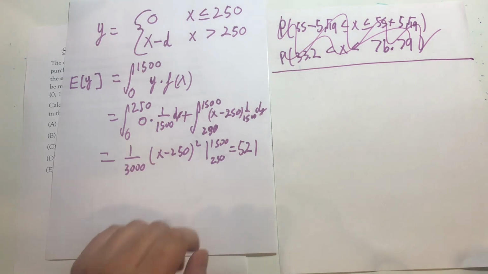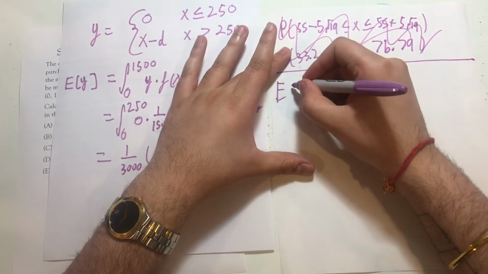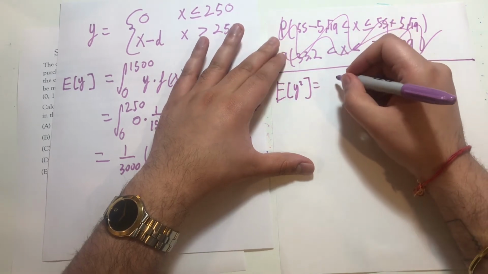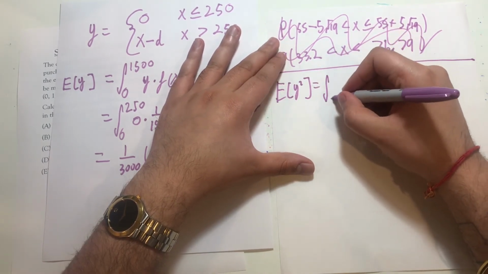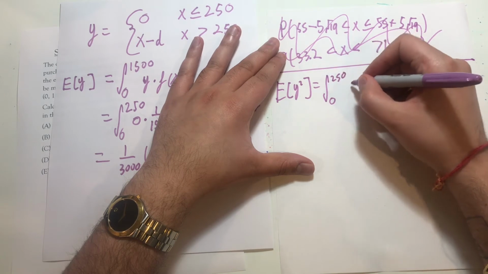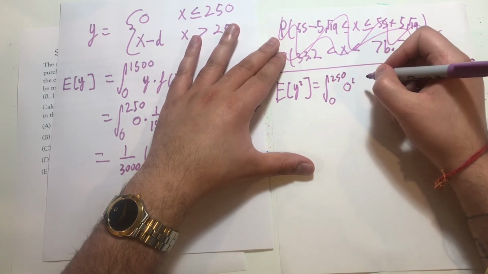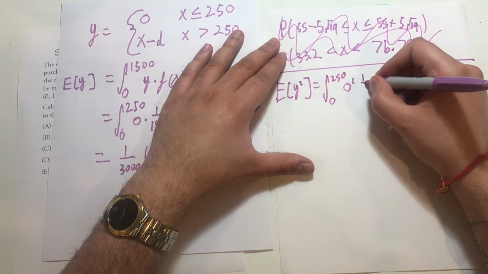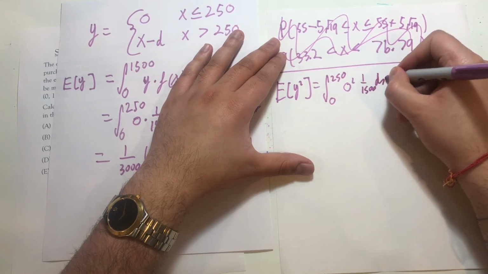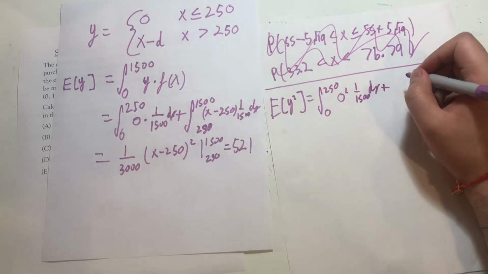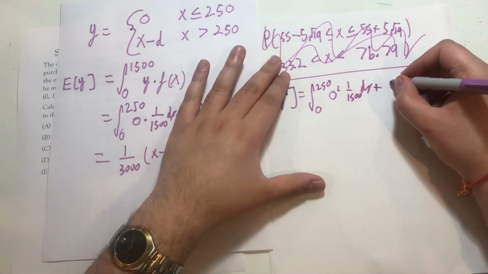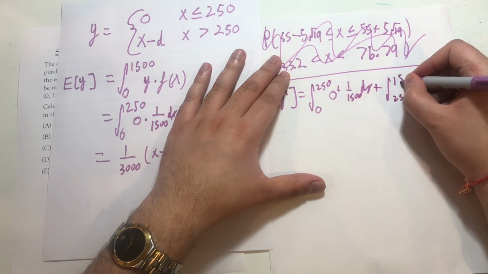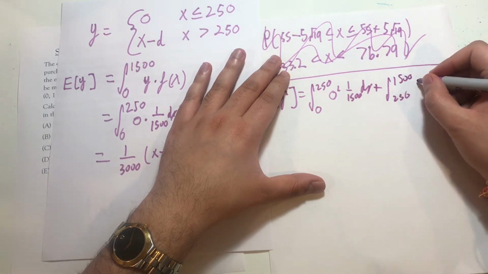Next job is to find the second moment. So expected value of y squared. And that's going to be, once again, the integral from 0 to 250 of 0 squared multiplied by 1 over 1,500 dx, mustn't forget that, added to the integral from 250 to 1,500 of x minus 250 squared times 1 over 1,500.